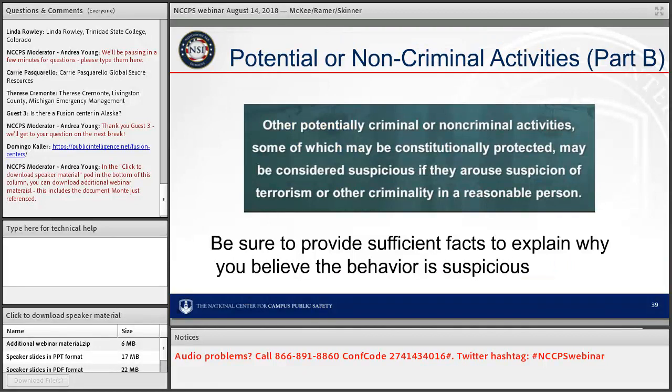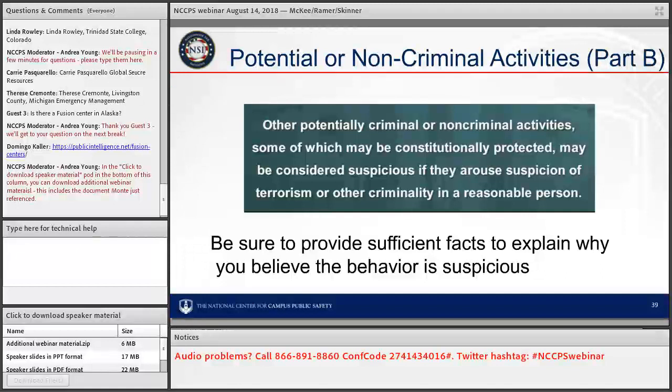Slide 39. So this next list I'm going to go through fairly quickly, but I just want you to understand that the next indicators may or may not be criminal. And as such, this is why it's critical to get this to law enforcement so they can look into that and get the context, the facts, and the circumstances pinned down as accurately as they can to resolve that question of whether or not there is a potential nexus to terrorism.